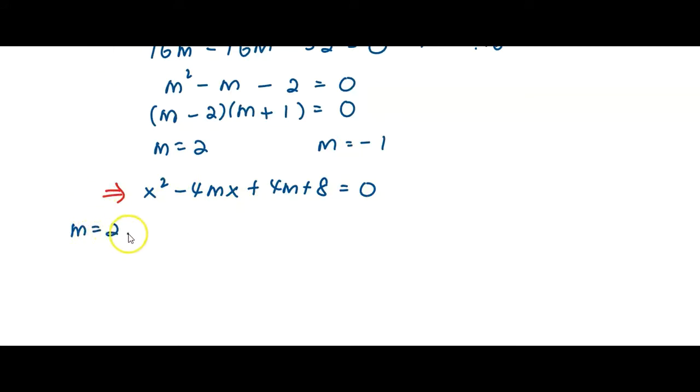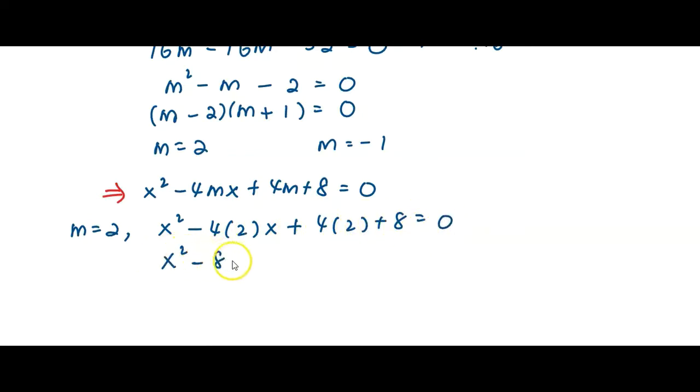When m equals 2, the equation becomes x squared minus 4, substitute 2 into m, so 4 multiplied by 2x plus 4 multiplied by 2 plus 8 equals 0. Then I have negative 8x plus 16 equals 0.